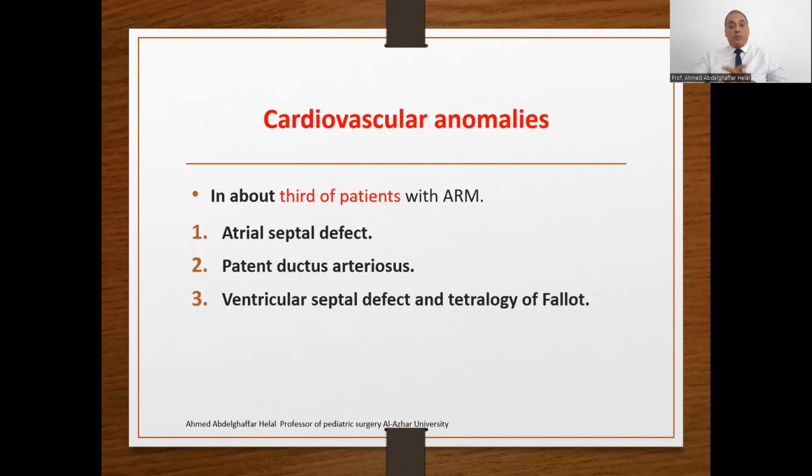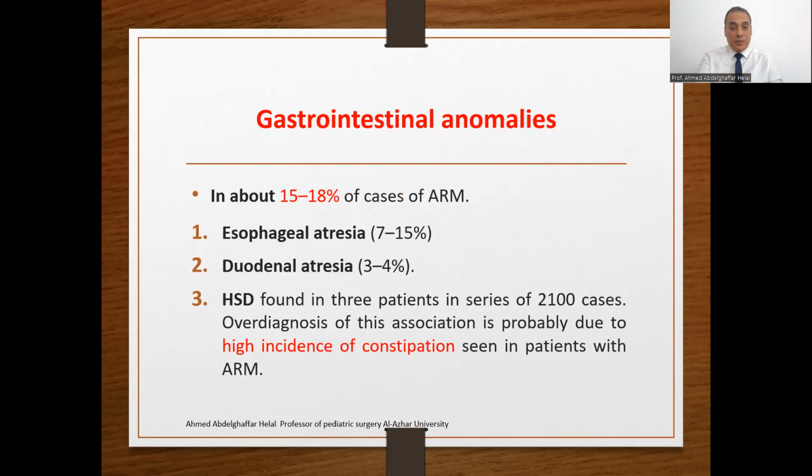Cardiovascular anomalies may be present in the form of atrial septal defect, patent ductus arteriosus, or ventricular septal defect with Fallot disease. Some patients are compensated and others may be uncompensated. Gastrointestinal anomalies: there may be esophageal atresia or duodenal atresia.